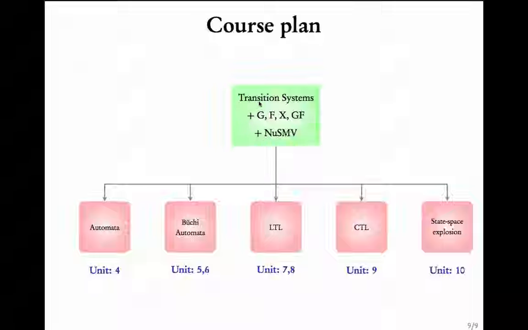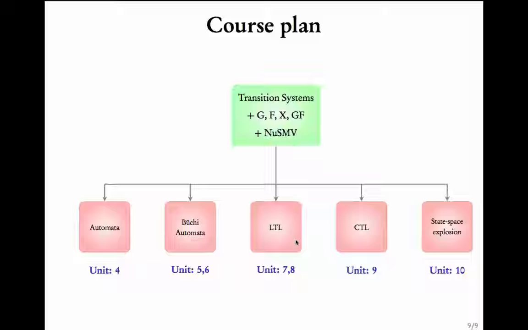Now, in the coming weeks, we will first try to generalize these requirements into something called LTL, Linear Temporal Logic. If you remember, in new SMV, when we were checking it, we were using the command check LTL spec. We will slowly see what this LTL means and how these LTL formulas are checked on transition systems.